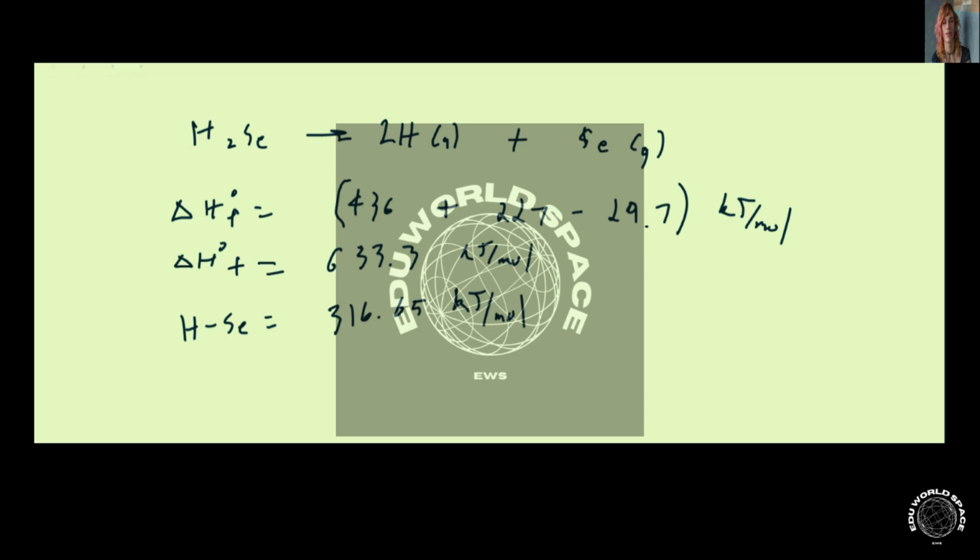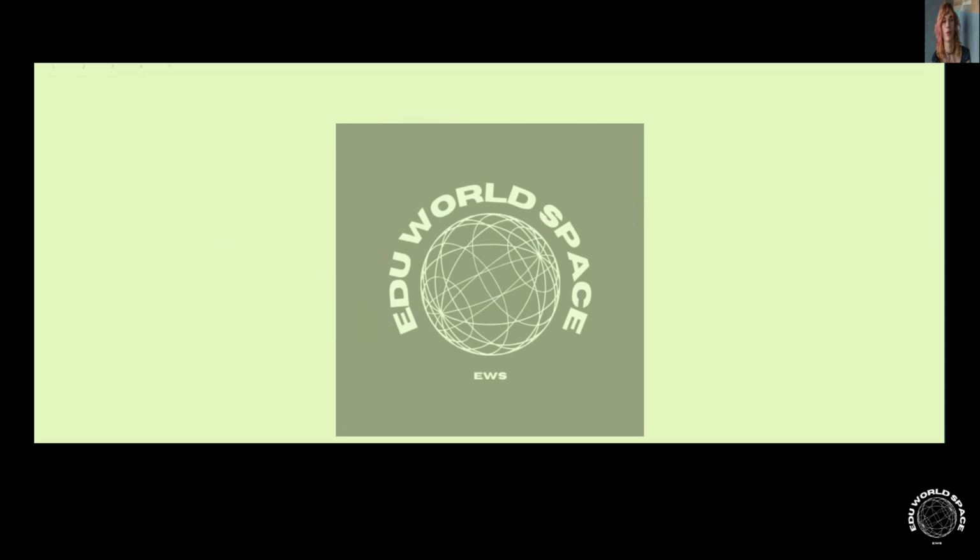And then lastly, for the tellurium, we've got gaseous H2Te going to two gaseous hydrogen atoms and a gaseous tellurium atom. And the enthalpy of this reaction is just the enthalpy of formation of the products minus the enthalpy of formation of the reactants.